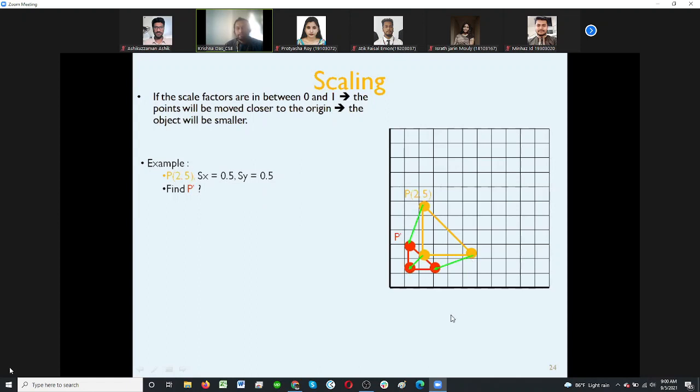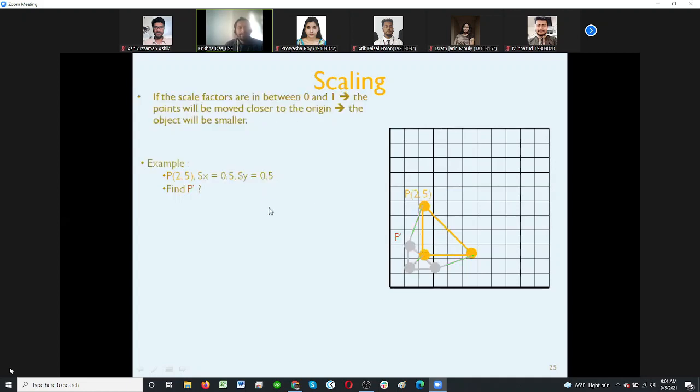This one also, if we apply it to 5 and 2, 5 will be 2.5 and 2 will be 1, so the new position is 2.5 and 1, roughly 3 and 1. Whenever these points have been joined, you get the object at half size. The scaling factor 0.5, as you can see in both, gives a smaller, half-size object.